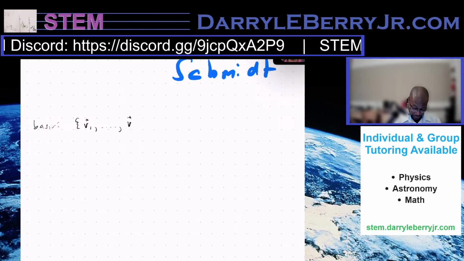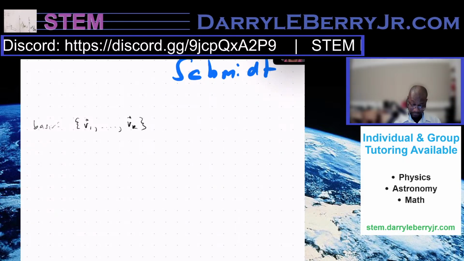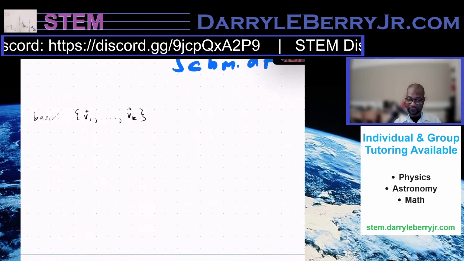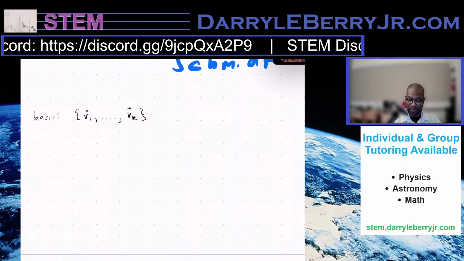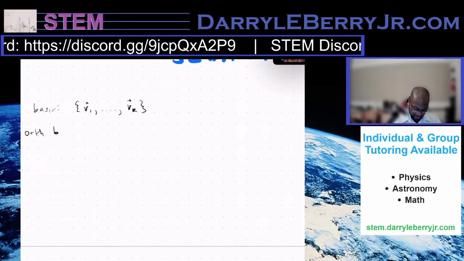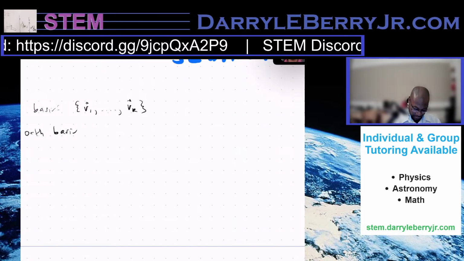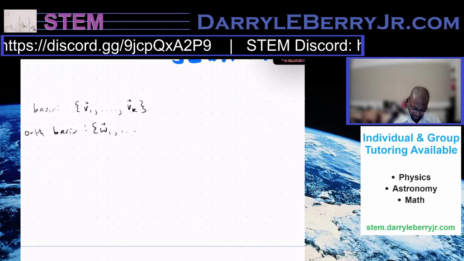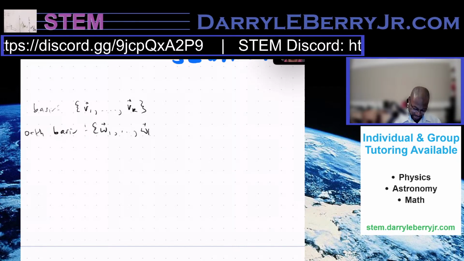Let's say V1 through Vk. For an inner product space V, we're obtaining an orthogonal basis. So this is our orthogonal basis, W1 through Wk.